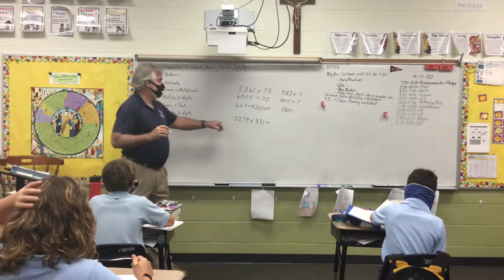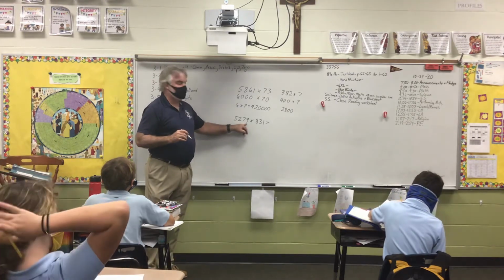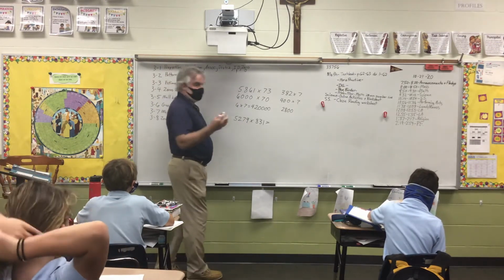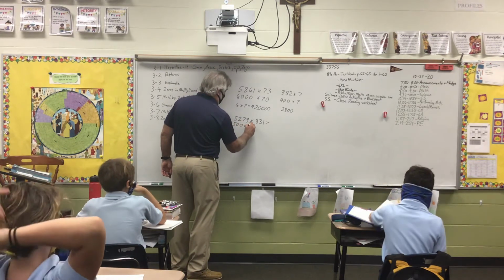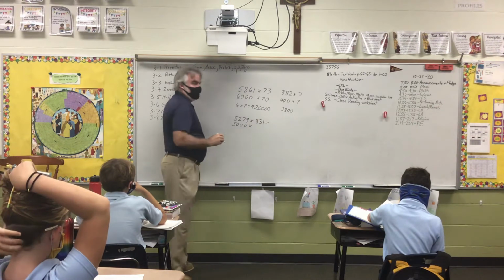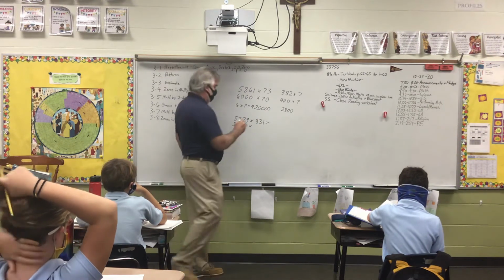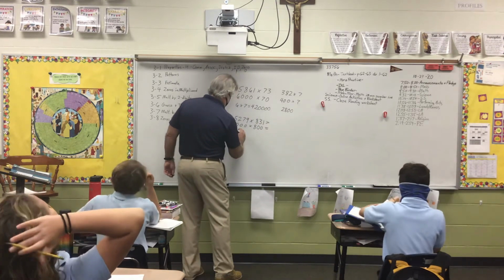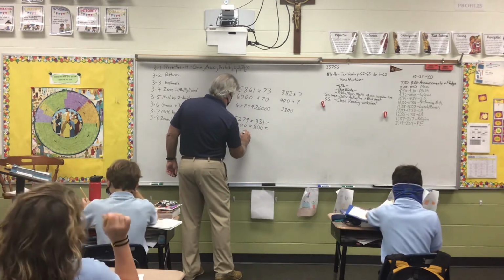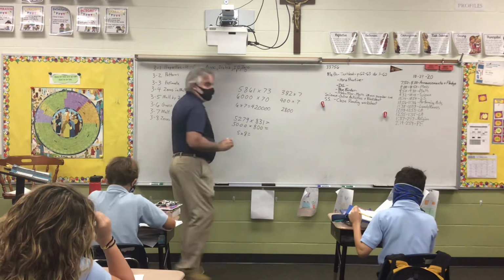Now, 5,279 rounds to 5,000. 5,000 times 831 rounds to 800. 800. Now, 5 times 8 is 40.